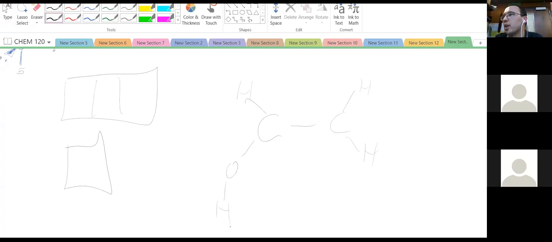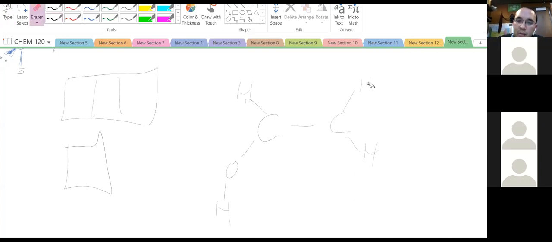When you have a molecule that looks like this, our oxygens look like they're on opposite sides. But because it's a single bond, we could have also drawn it to look like this. We could have had it rotated over, and that would be the same molecule, even though now the oxygens are both on the same side.